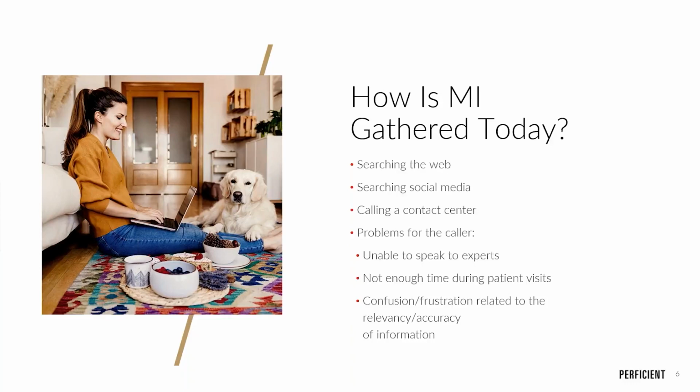People get frustrated with wait times, so they drop. They're not able to speak to the right person or the expert in whatever area they're interested in. And there's a lot of confusion and frustration relevant to the accuracy and relevancy of the information, depending on where you get it.